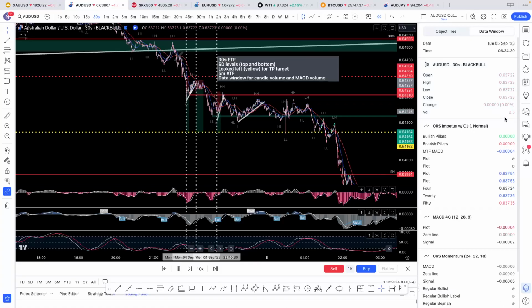So as price is moving, the volume in each candle becomes greater or lesser to show more of the bullish, bearish tug of war, if you will. So anyways, that's pretty much how that particular trade went, and super excited about it, and more to come.